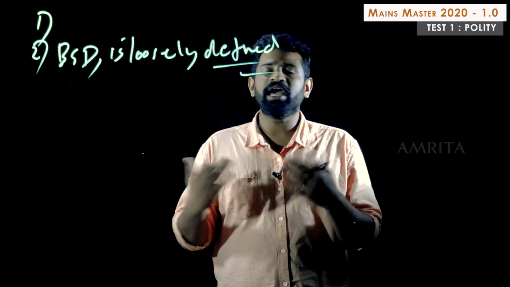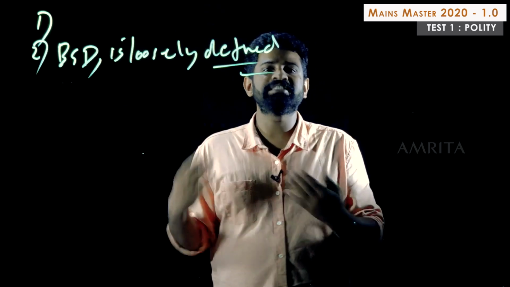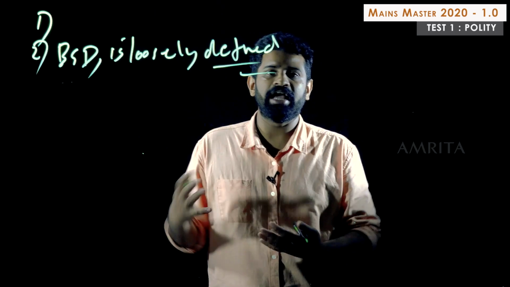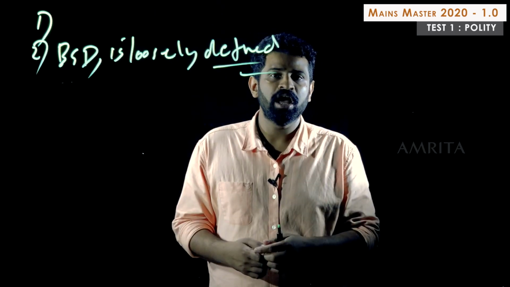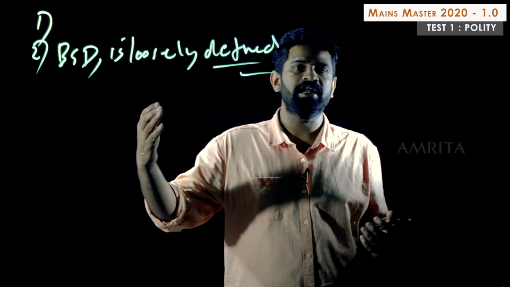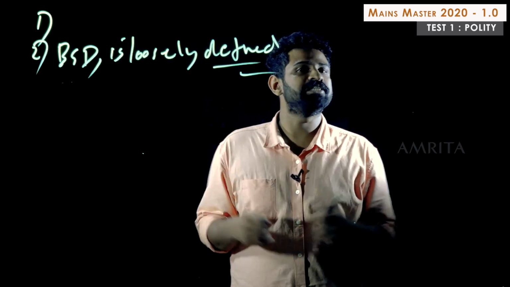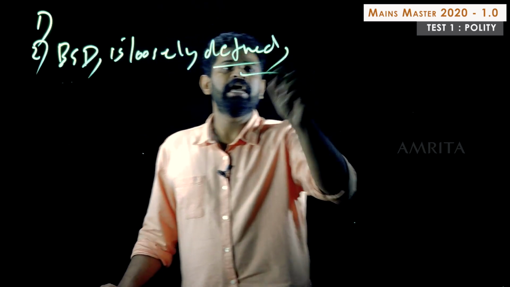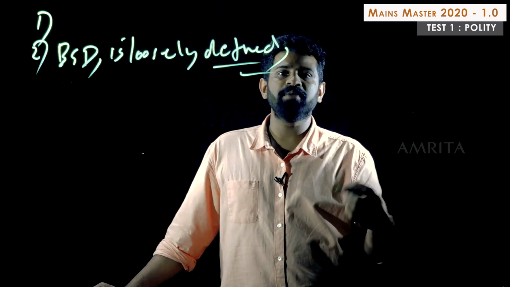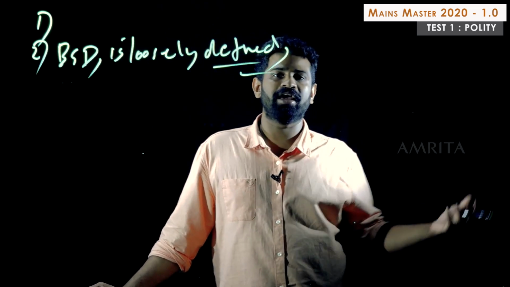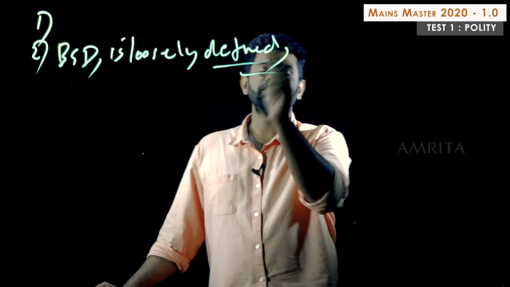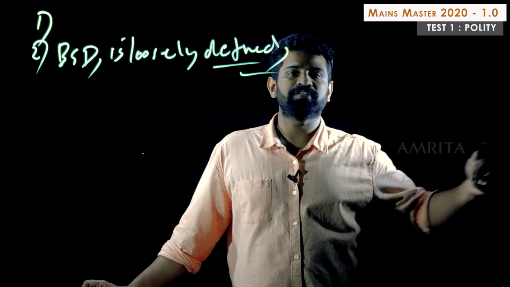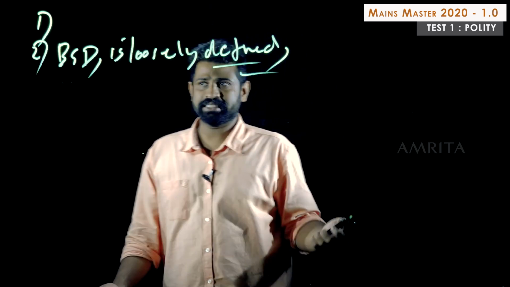So how can you say that a doctrine that is itself loosely defined, or flexible in interpretation and approach, can impose rigidity on the Constitution, right? Since the basic structure itself is loosely defined, you can't make a logical point that it can be a matter of significant rigidity on the Constitution. Second thing.